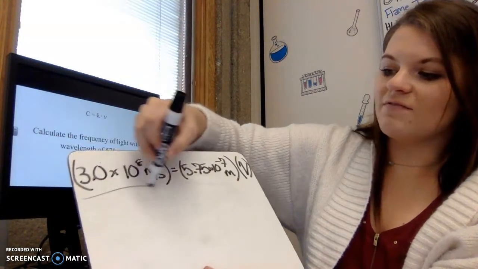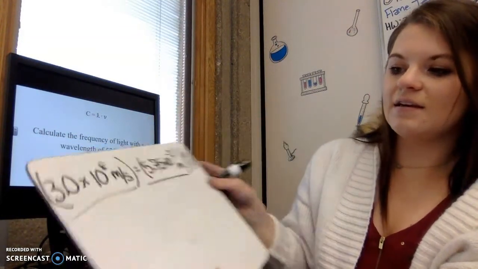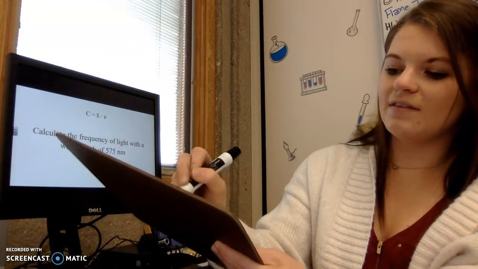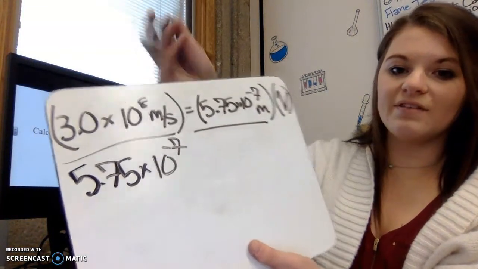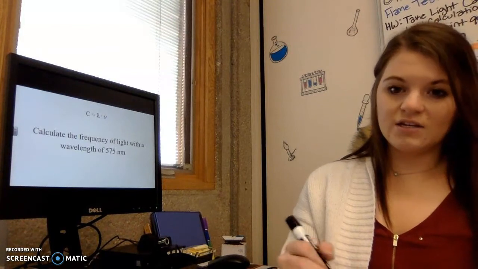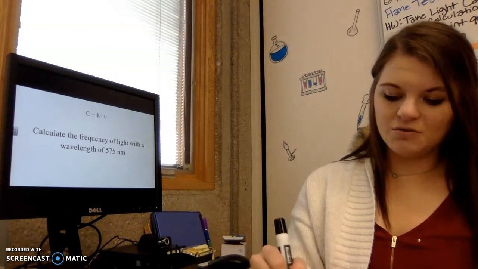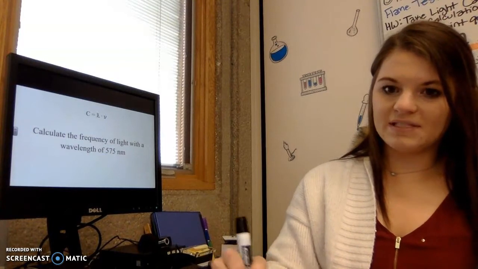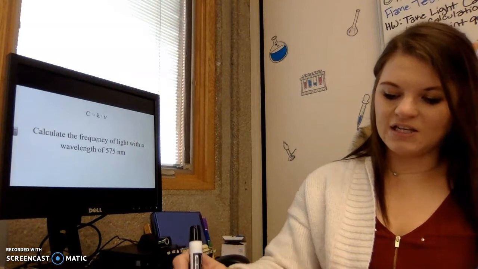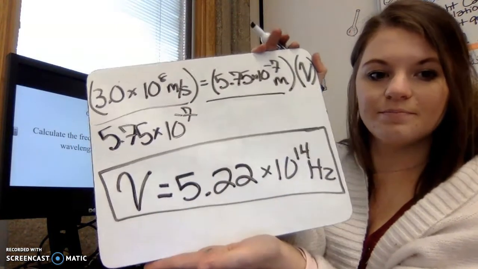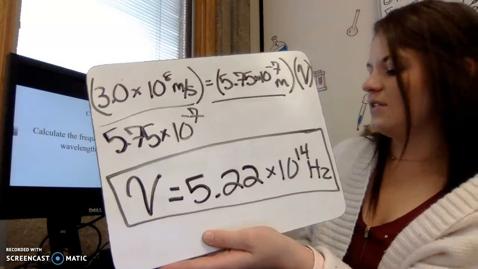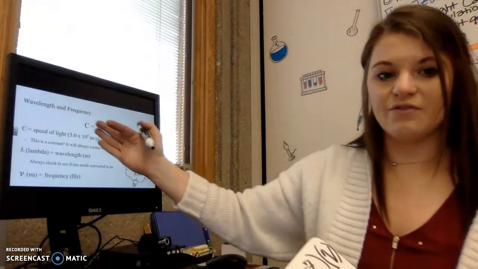So you need to divide both sides by 5.75 times 10 to the negative 7th, your wavelength. And your frequency should be 5.22 times 10 to the 14th hertz. Remember, hertz is the unit for frequency. All right, so that is wavelength and frequency.